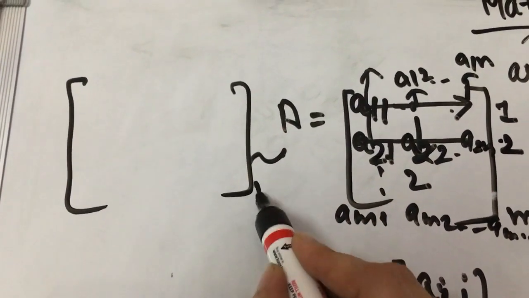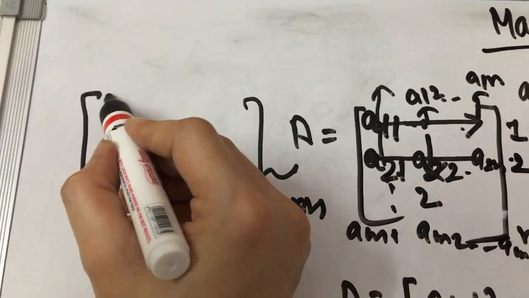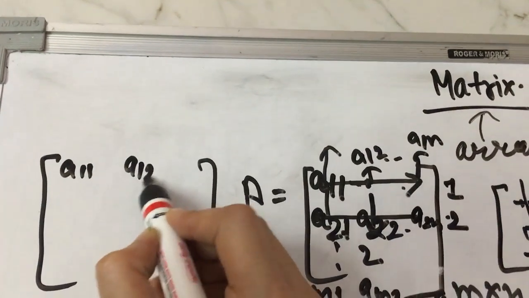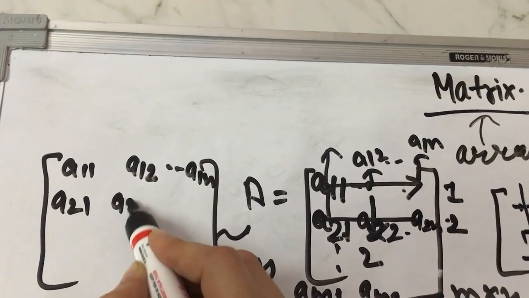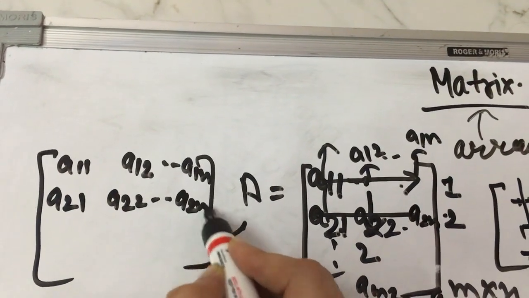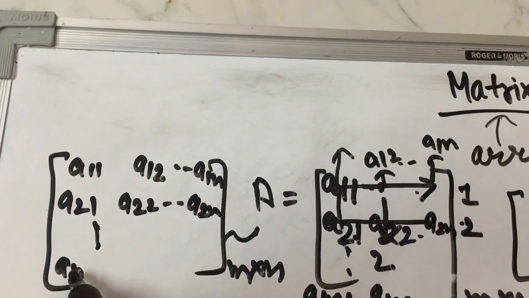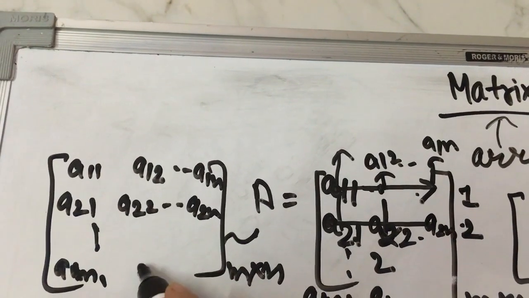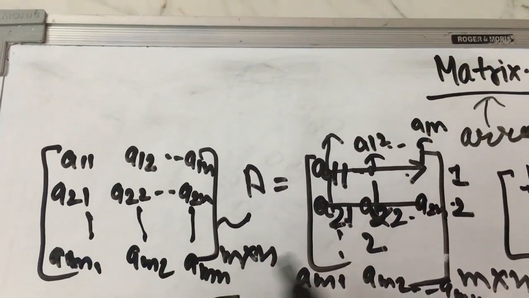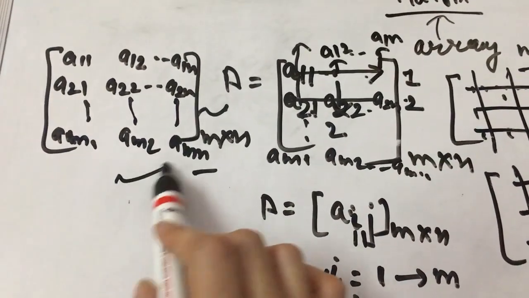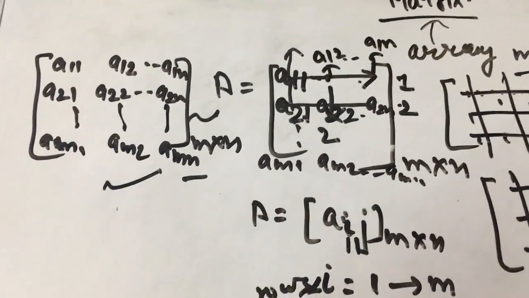So my m cross n matrix will be a11, a12, up to a1n; a21, a22, up to a2n; and so on, up to am1, am2 and amn. This is the pattern in which we write any matrix.